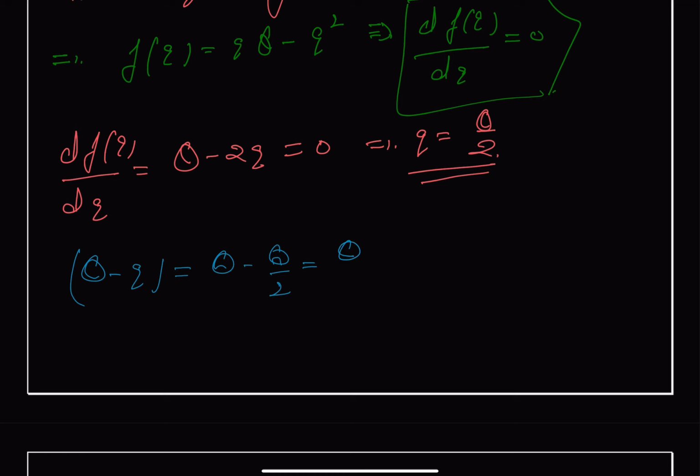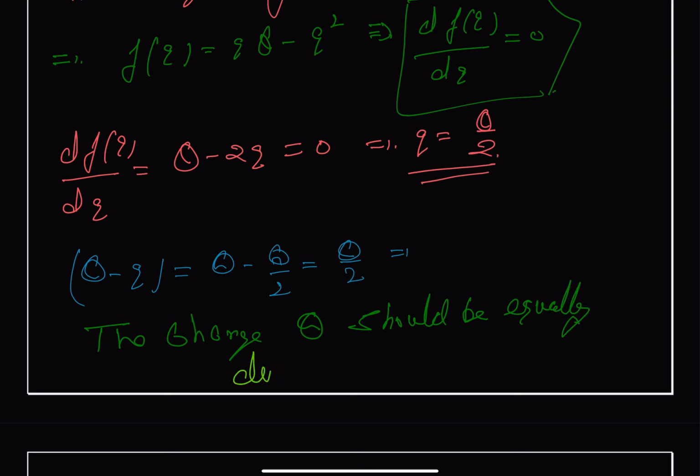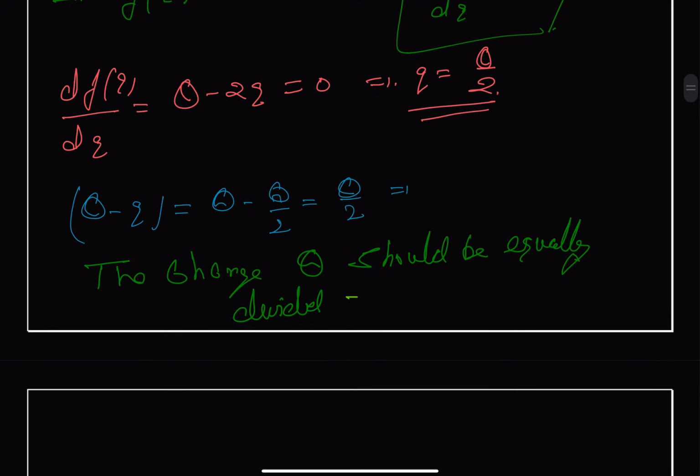So it means the charge capital Q should be equally divided. It will be Q by 2 and the other will also be Q by 2.